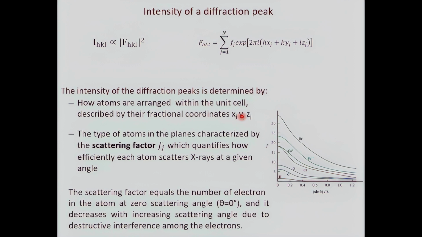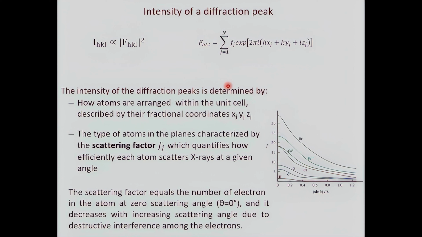Because the positions of the atoms are in F, because F is related to I, and because I is what I measure, this is the reason why I can recover the structural positions and solve our structure at the end when we perform a structure solution by powder.